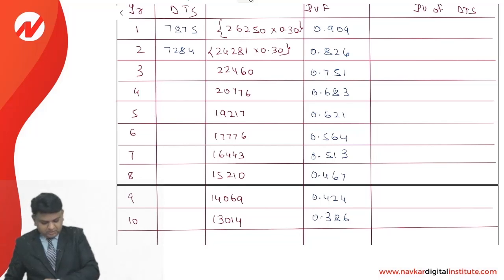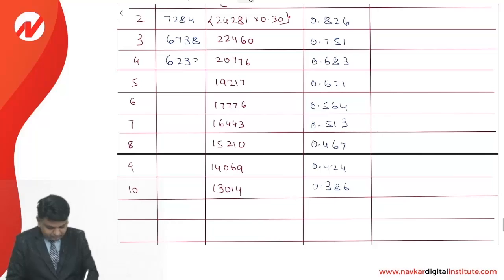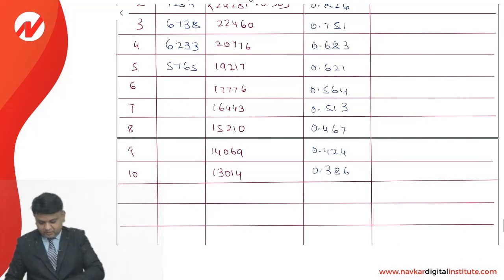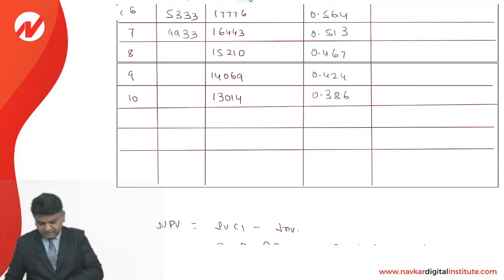Rounded, 7284. Then 22460 into 0.3, 6738. 20776 into 0.3, 6233. 19217 into 0.3, 5765. 17776 into 0.3, 5333. 16443 into 0.3, 4933. 15210 into 0.3, 4563. 14069 into 0.3, 4221. 13014 into 0.3, 3904.